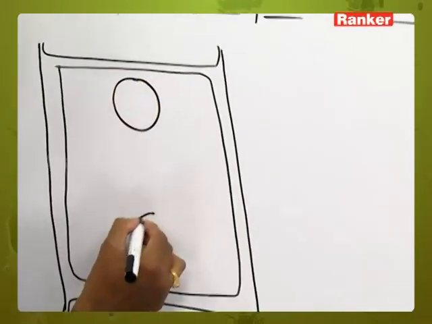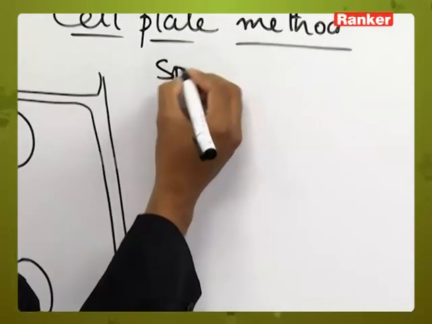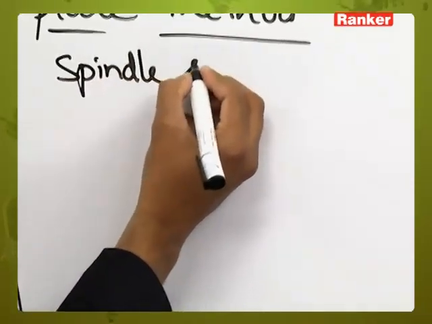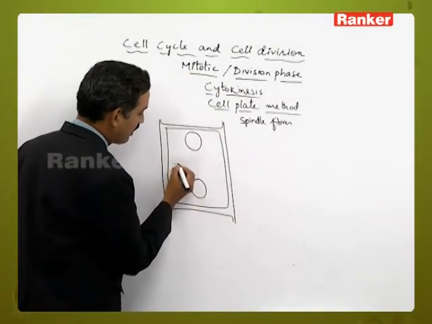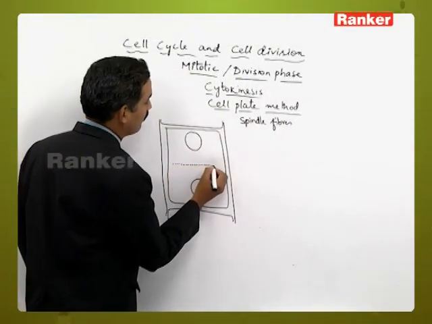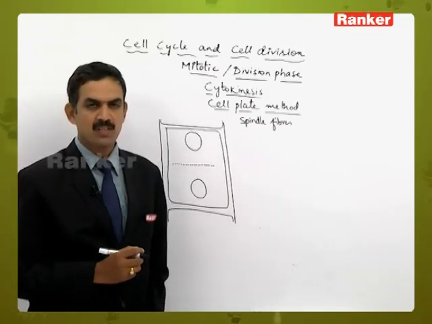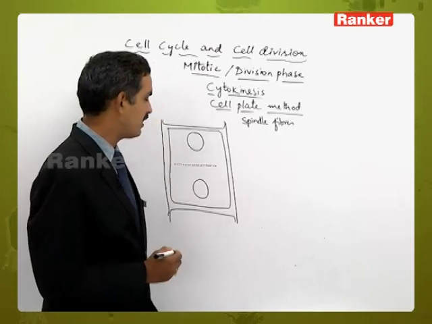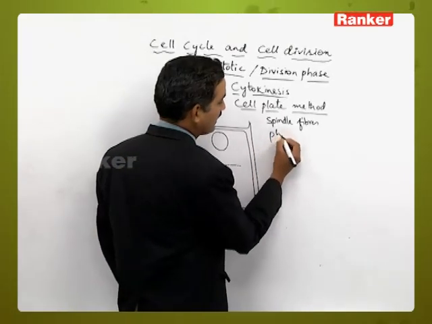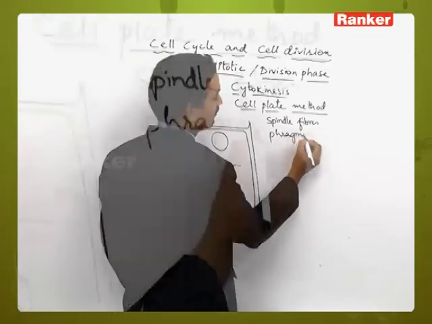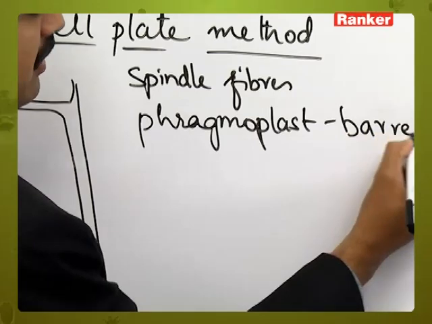The small fragments of spindle fibers that remained and are present in the equatorial region will get arranged there. These spindle fibers organized in the equatorial region form a structure called the phragmoplast. This phragmoplast is generally barrel shaped.